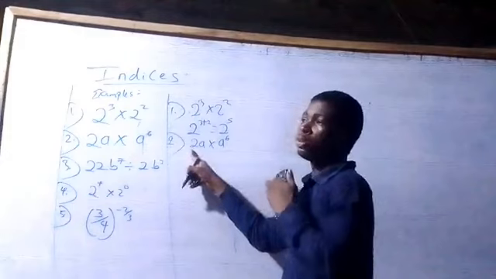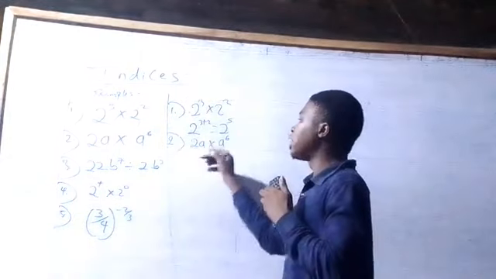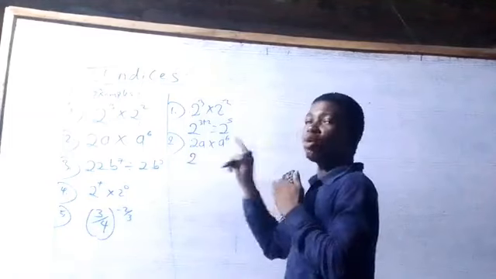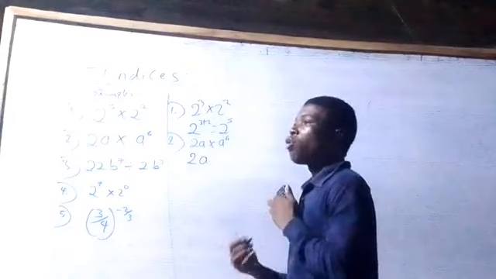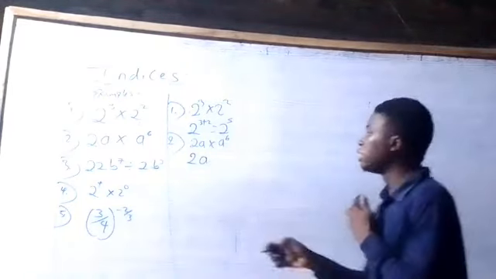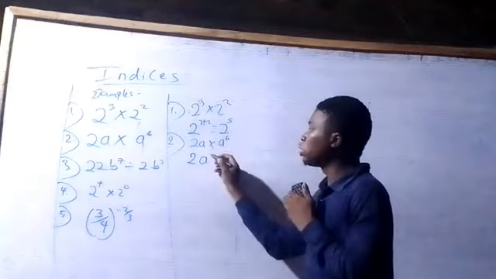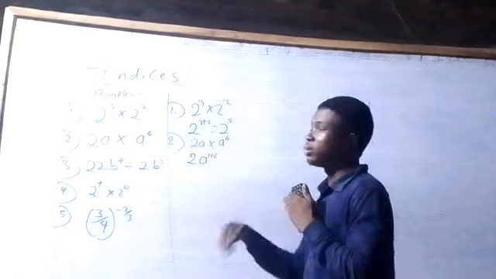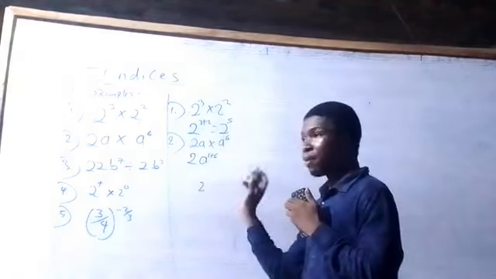Now these two are not the same as this. There is an invisible 1 here, so 2 times 1 is 2. What is the same is a and a. You pick 1a. For indices, once you don't have anything raised to power, it is an invisible raised power 1. Raised power 1 is always there, so we say 1 plus 6. If you see 2 that does not have power, it's raised power 1.